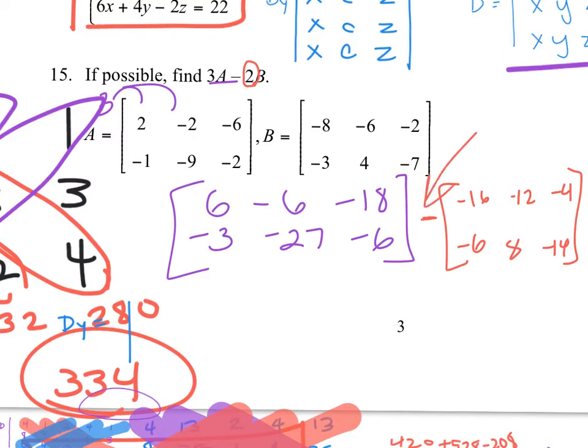And then I do 6 minus a -16, which becomes 6 plus 16, or 22. -6 minus a -12 becomes -6 plus 12, which is 6. -18 minus a -4 becomes -18 plus 4, which is -14. 3 minus a -6 becomes -3 plus 6, which is 3. -27 minus 8 is -35. And -6 minus a -14 becomes -6 plus 14, which is a positive 8.